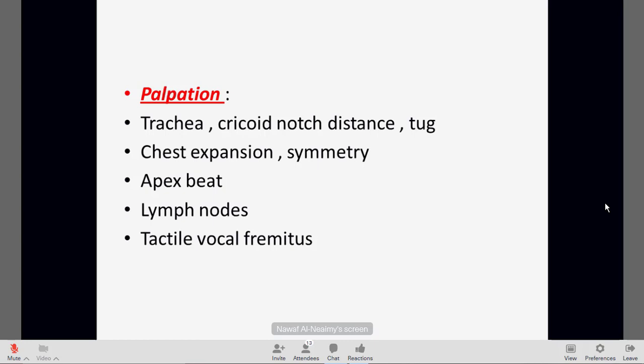Perhaps you noticed when you examined a patient and asked them to say 44, this is the idea. We said we are measuring the transmission of sound from the lungs to the chest wall. Now you know the consistency of the lung is spongy and filled with air.